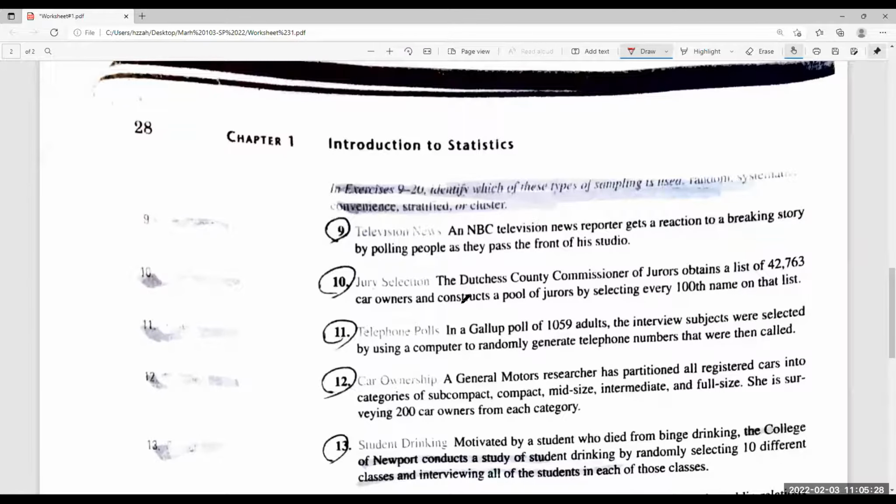Okay, going to the next one. So what's the second one? The Dutchess County Commissioner of Jurors obtains a list of 42,763 car owners and constructs a pool of jurors by selecting every hundredth.